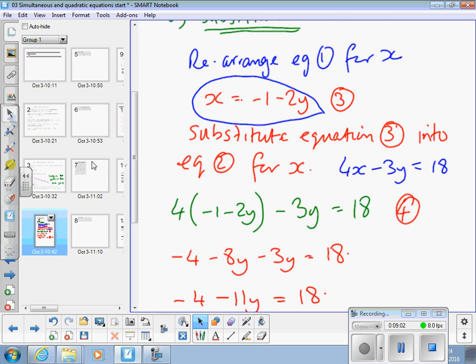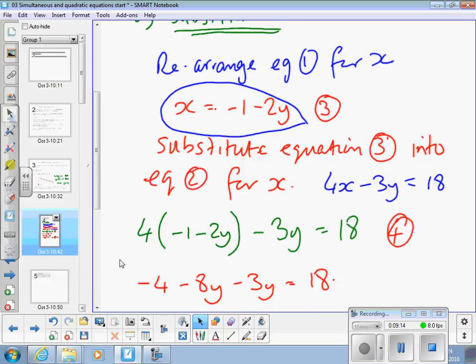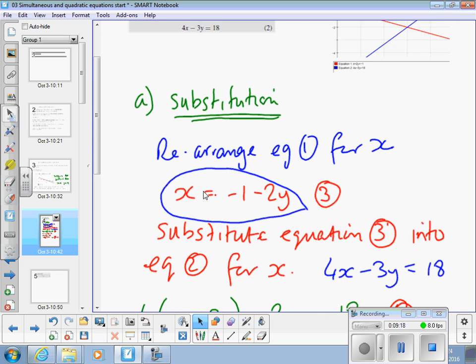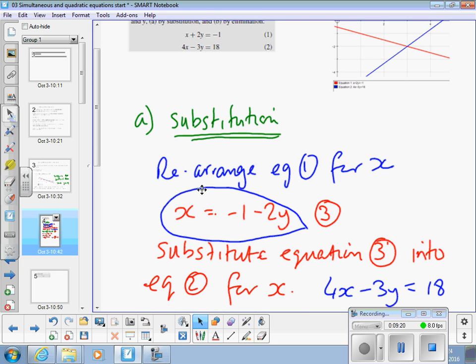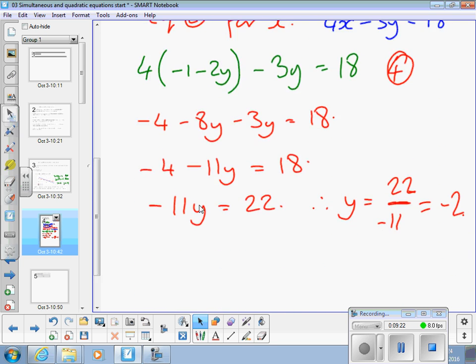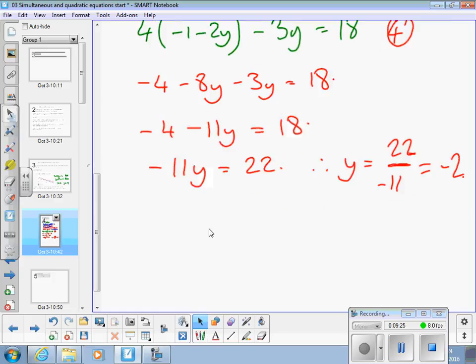So if we choose equation 1, x plus 2y equals minus 1, substitute y equals minus 2 into equation 1.